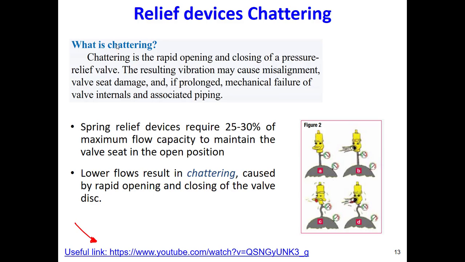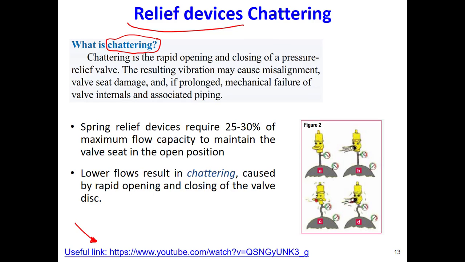So chattering is an issue in relief devices, or we can call it singing. When the valve starts singing, this figure here shows what will happen to the valve.